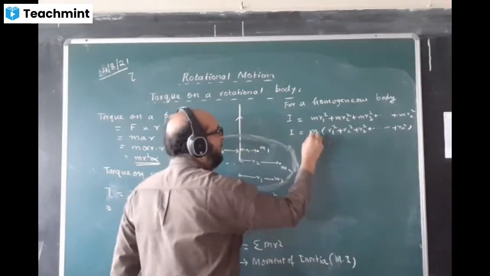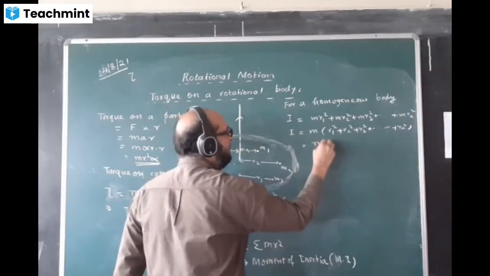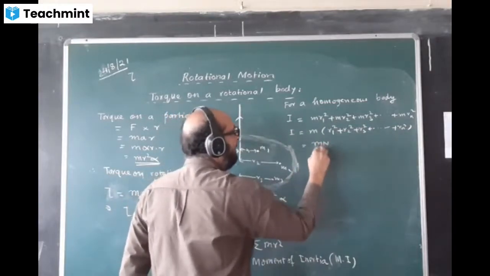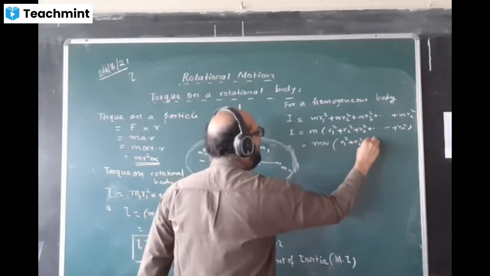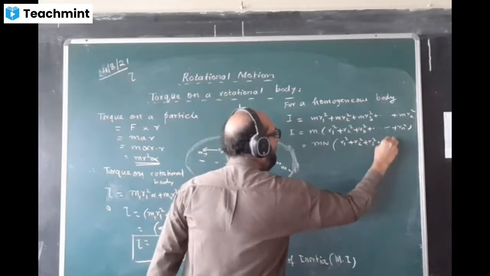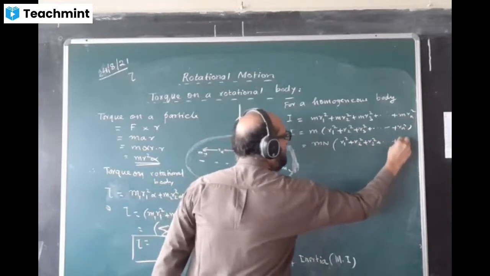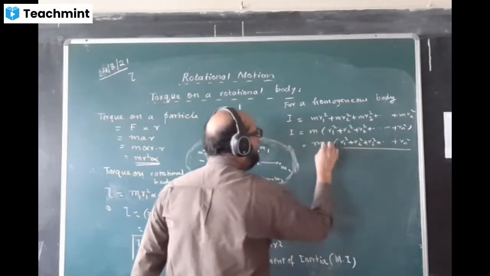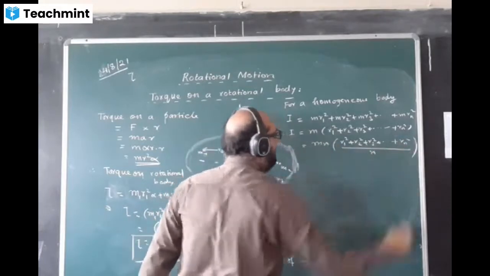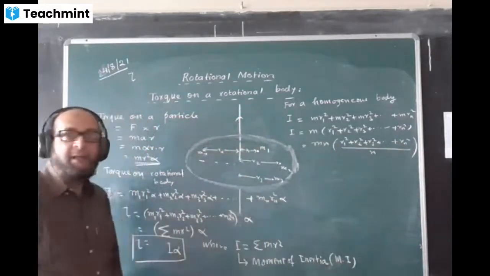Here what I will do, I'll multiply by n and divide by n, like this: r1 square, r2 square, r3 square, plus rn square, divided by small n.